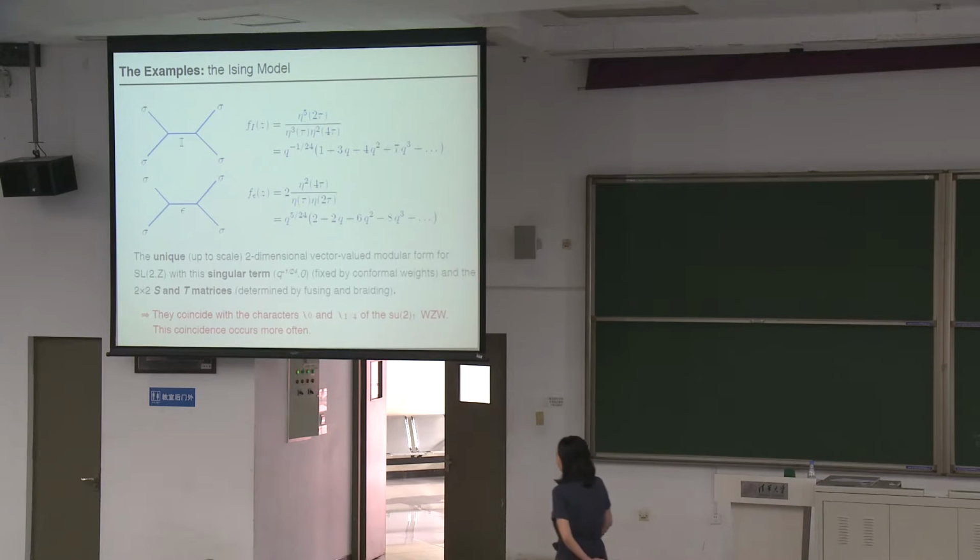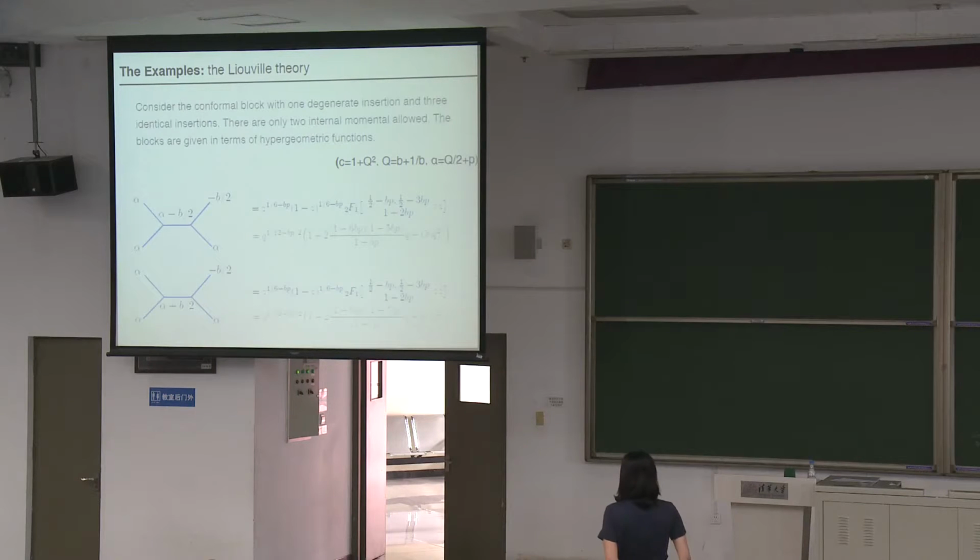This coincidence happens not just for the Ising model, but more generally, there's a coincidence between conformal blocks and characters of two different theories. So now let's look at another example, which is more interesting from a representation theory point of view, but also extremely well known, namely the Liouville theory.